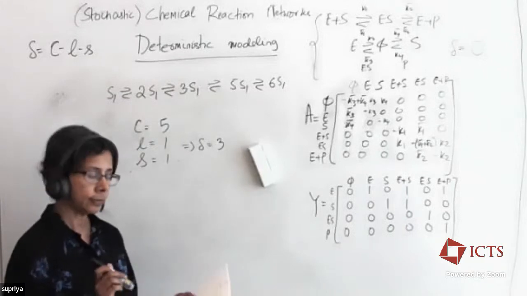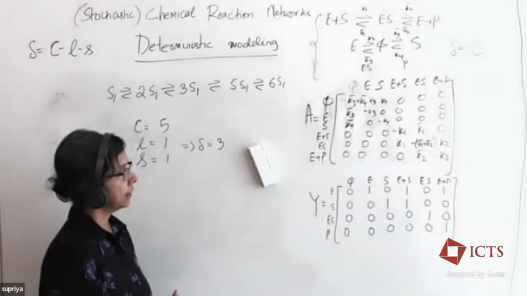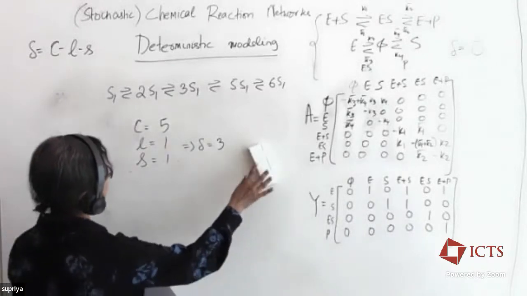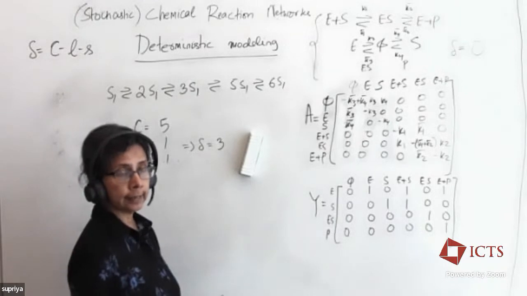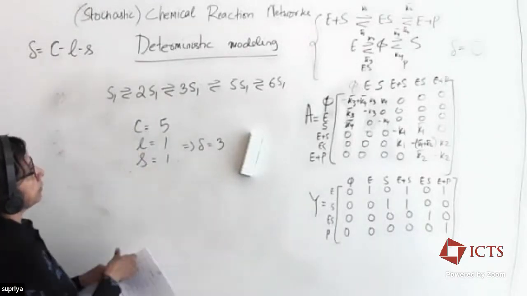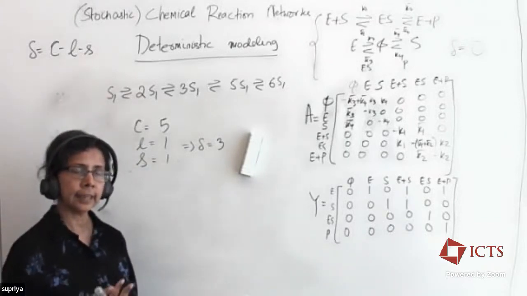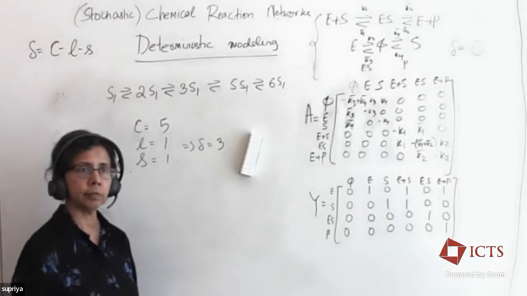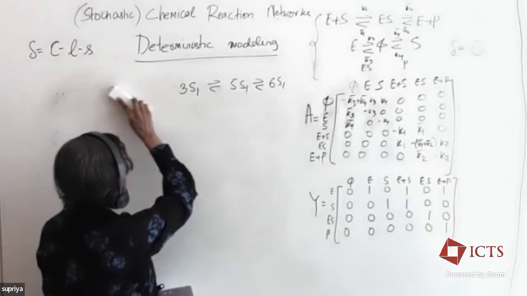So the idea is, how is delta related to the fixed points? Related to that is, why can delta only be a non-negative number? If I'm writing it as C minus L minus S, it's not completely obvious that it can be only zero or positive, and we'll see that too. So all those things are related.